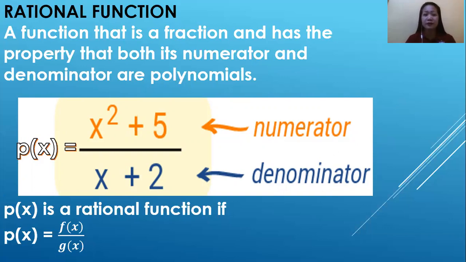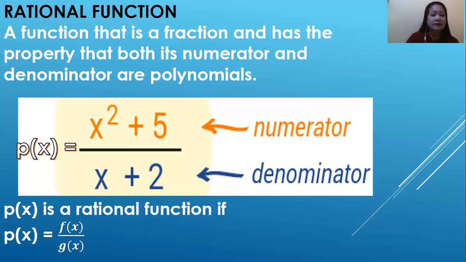If you still remember the derivative of the quotient rule, we use this kind of rational function where the numerator is our f of x and the denominator is our g of x. But this time, we're going to apply the factoring method and equate the factors to 0, and we are going to check if the root, or the value of x, is correct.